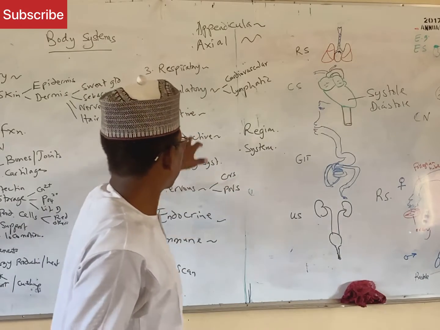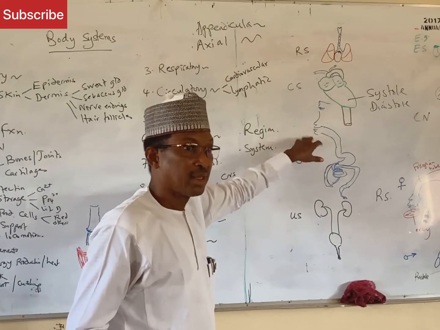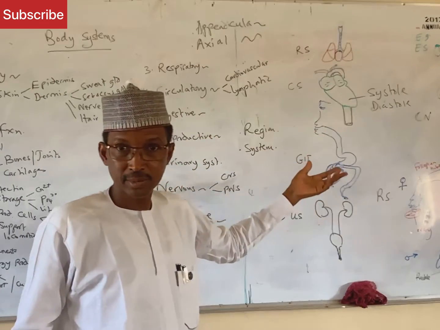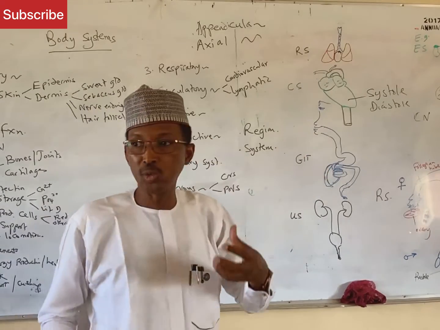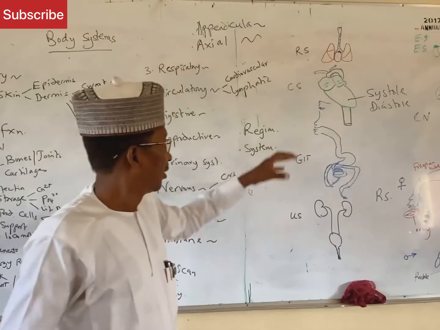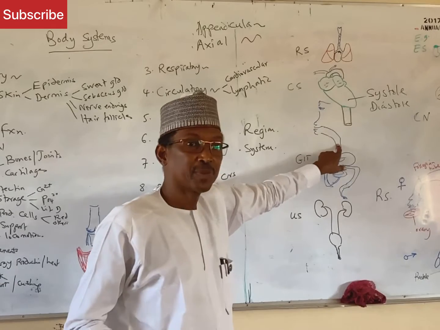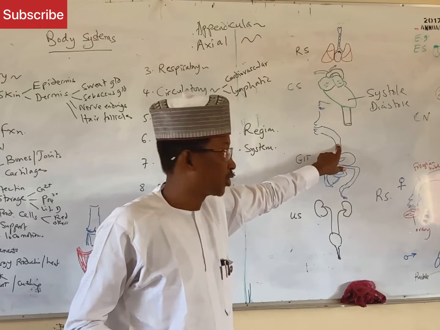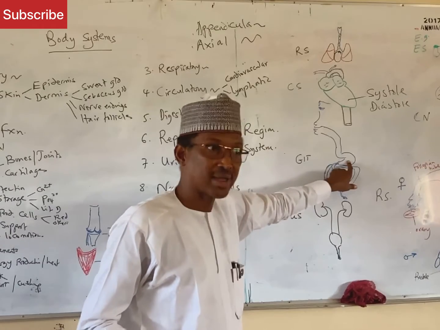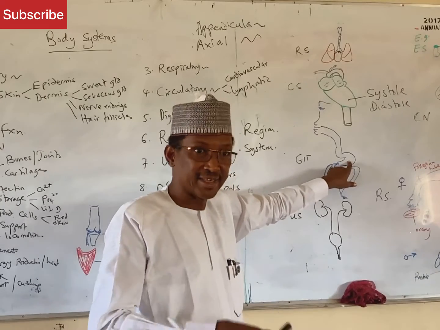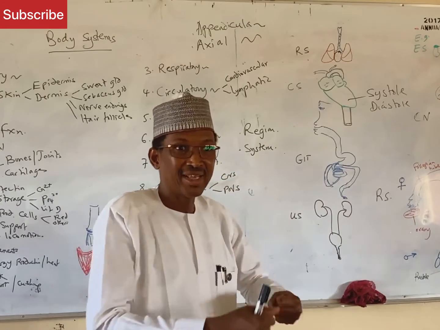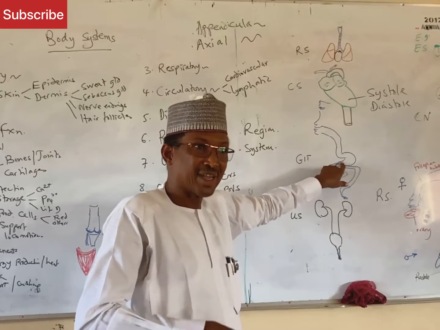So the digestive system: once we eat, the teeth will grind. The saliva in the mouth will make it softer. The food will now go down from the mouth to the food pipe, that is the esophagus. It will now go to the stomach. The stomach is a grinding machine.